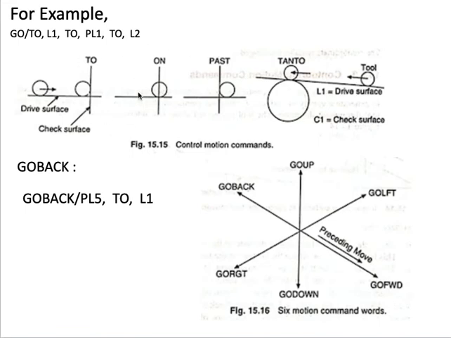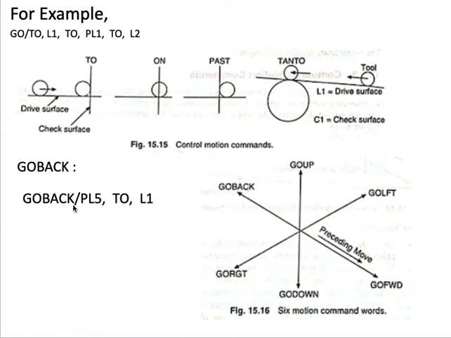So next comes another instruction, that is GOBACK. It instructs the tool to move back relative to its previous direction of movement. GOBACK, that is the previous direction of movement.